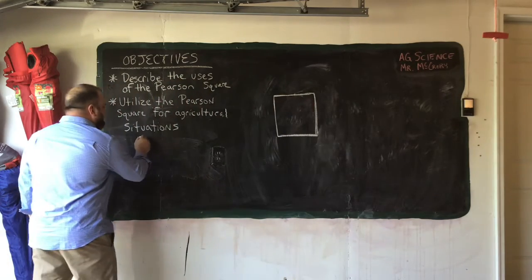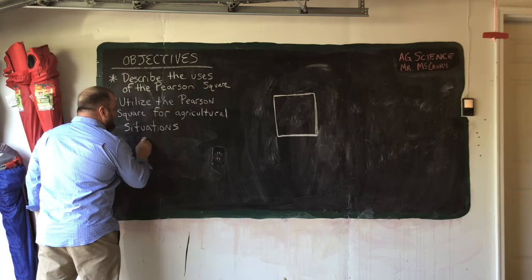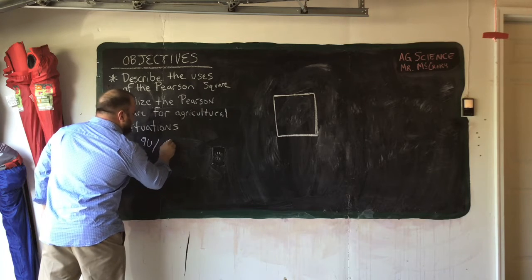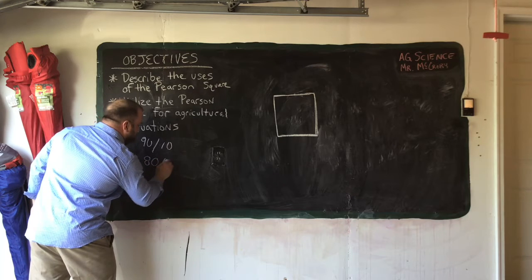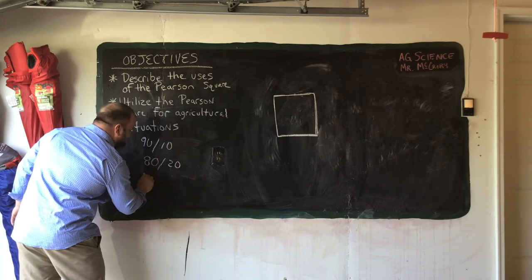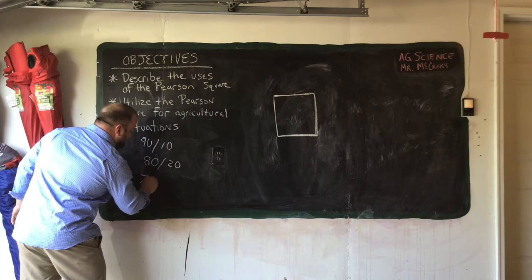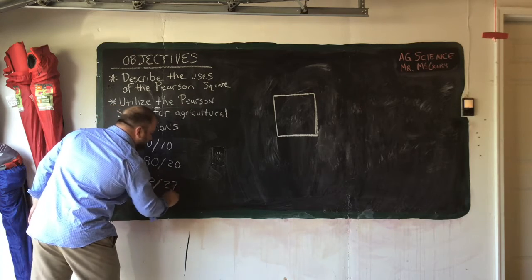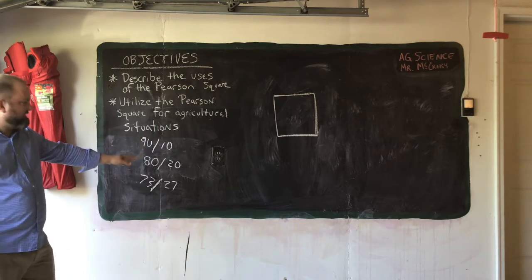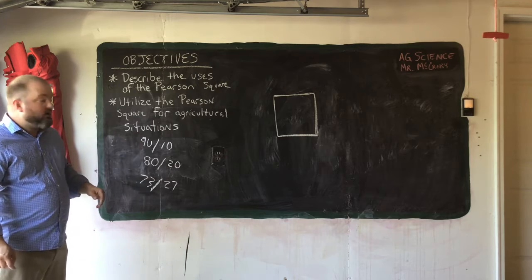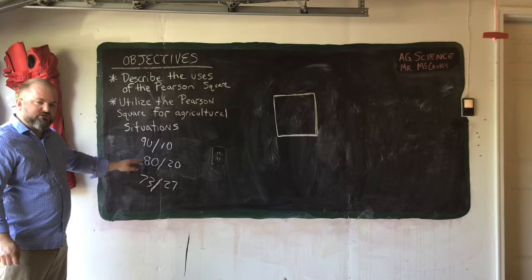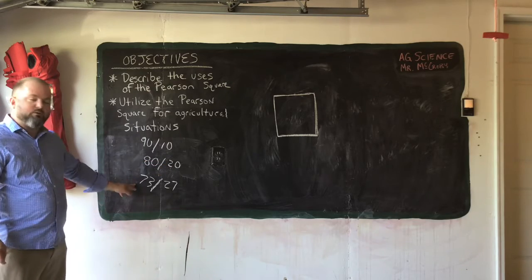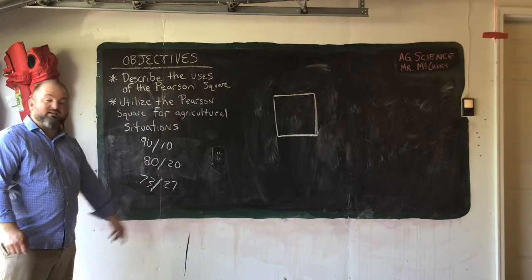You have 90, 10, you have 80, 20, and a lot of times you have 73, 27. And so what does that mean? That means the fat content. So it's 90% lean, 10% fat, 80% lean, 20% fat, 73% lean, 27% fat.